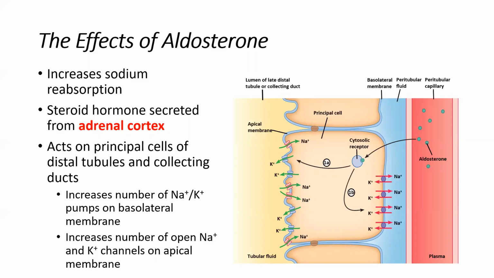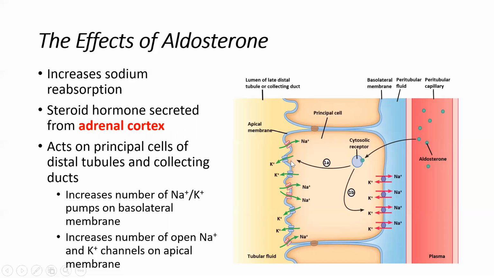So when aldosterone is released from the adrenal cortex, it's going to make its way in the blood. It's going to enter the cell here, bind to this cytosolic receptor, and influence the insertion of these leak sodium and potassium channels into the apical surface of these cells. And what that does is it increases the reabsorption of sodium.